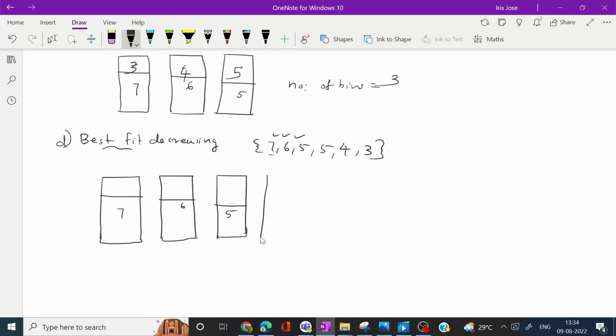Then next is again 5. It cannot be placed in the first bin or the second bin, but it can be placed in the third bin. Then 4. 4 cannot be placed in the first bin, but it can be placed in the second bin. So it can be placed here. Then 3. 3 can be placed in the first bin.